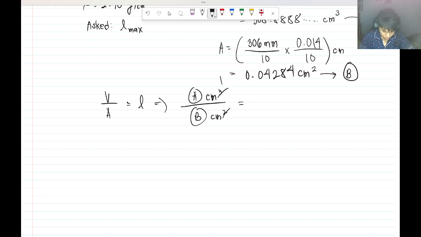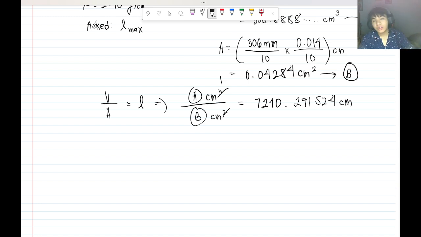And let's do that real quick. You have this 7,210.291524. This is in centimeters.